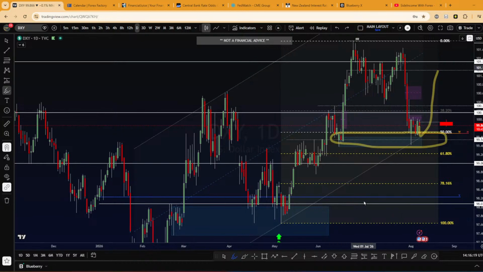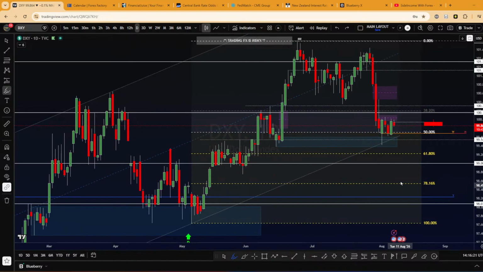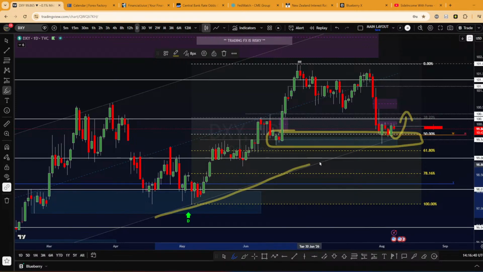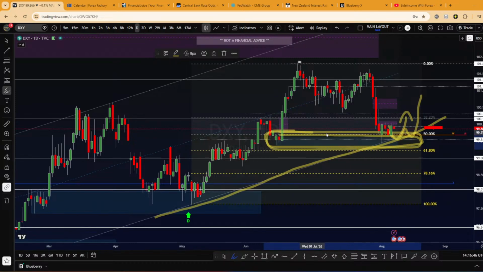For example, if we get a strong NFP report, this could mean that the US economy is strong. We could see some strength coming from the US dollar, so this would potentially justify the continuation to the upside. Remember, this is the bottom of the channel, so we could see some rebounds overlapping with this demand.